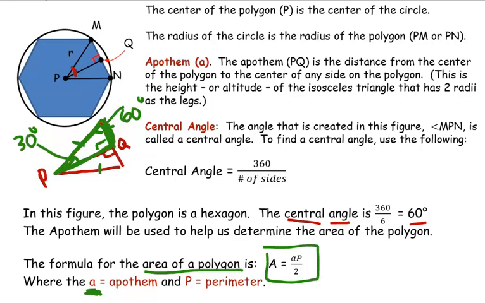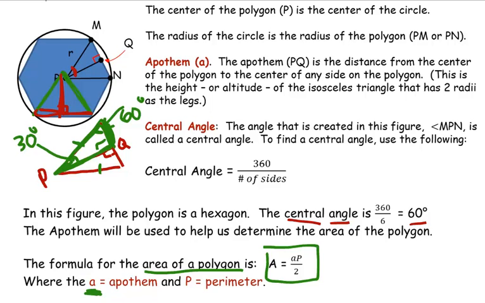If we look at one of these triangles right here, let's put the apothem in red. If I find the apothem times the base, base times height, and divide by 2, I get just one of those isosceles triangles.